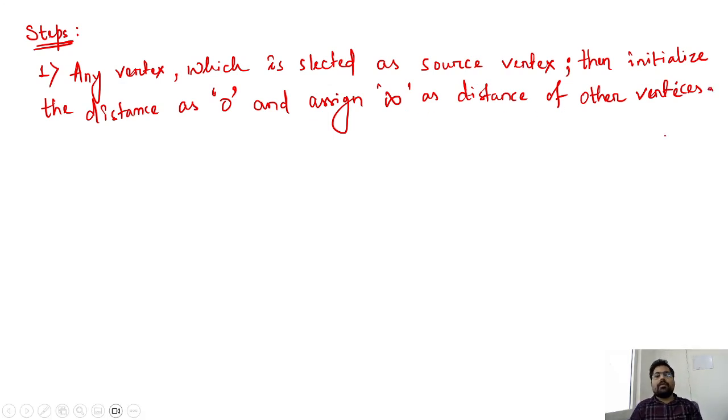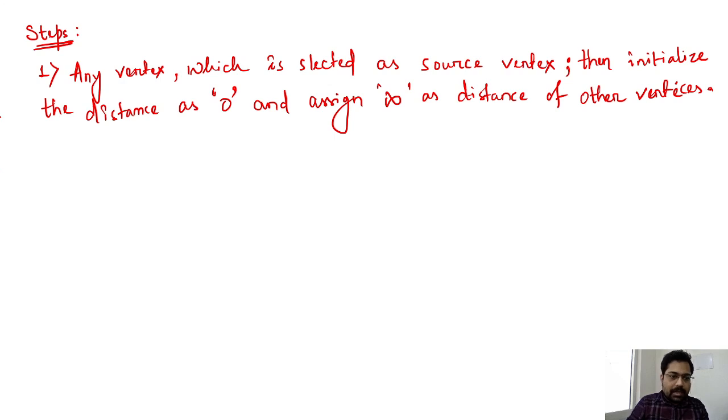Clear? So what exactly we have to do? We have to take the source vertex, initialize the distance as 0, and assign infinity as the distance of other vertices.